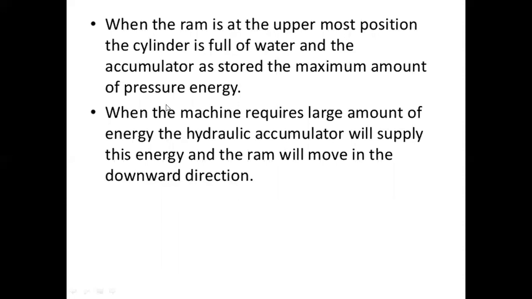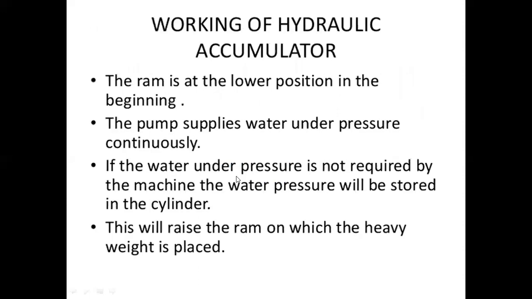Now, when the ram is at the uppermost position, the cylinder is full of water and the accumulator has stored the maximum amount of pressure energy. When the machine requires a large amount of energy, the hydraulic accumulator will supply this energy and the ram will move in the downward direction.